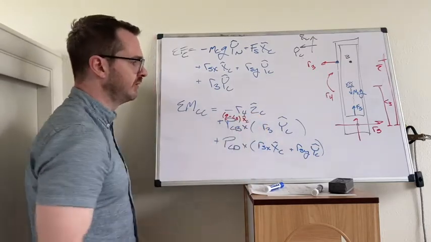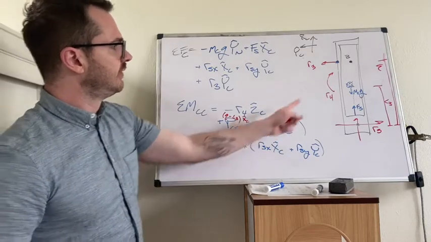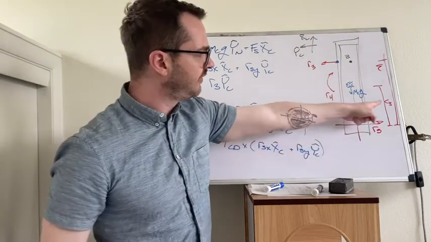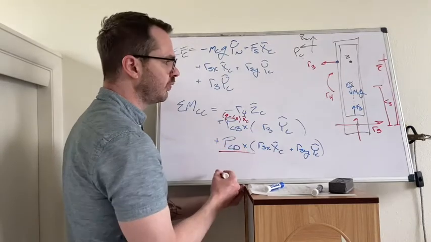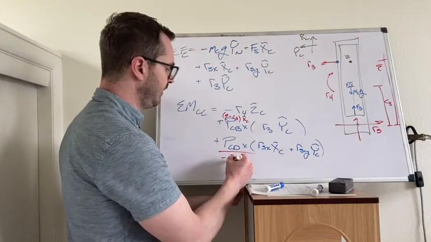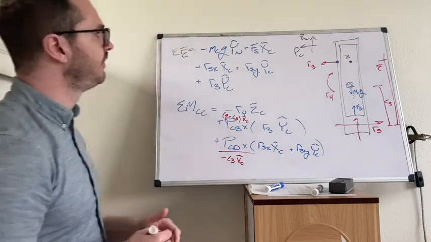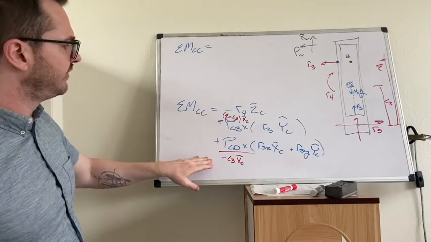So that was P C to B. Next, P C to D. So here is C, here is D, the distance is L3, and we're going against X hat C. This one is negative L3 XC. So here was the general. Here are the specifics for these position vectors.